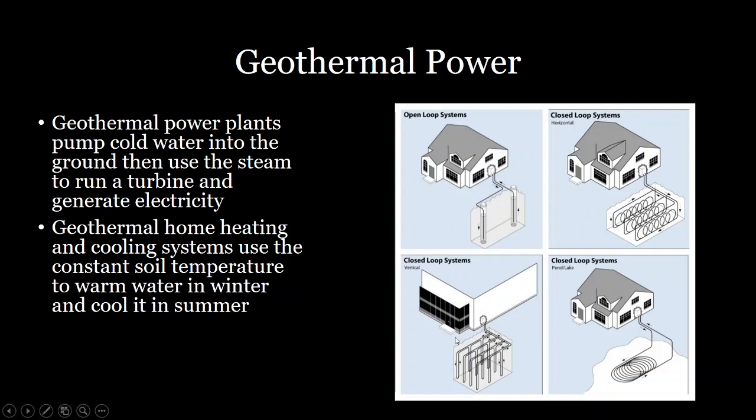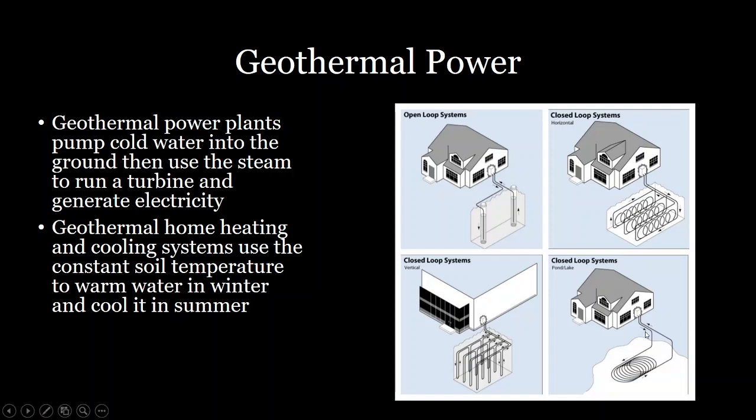So vertical coils are usually used when you don't have a lot of space and need to go into the ground for more of that length, or a horizontal closed loop system when you have a wider space and don't need to dig as deep to heat those coils.